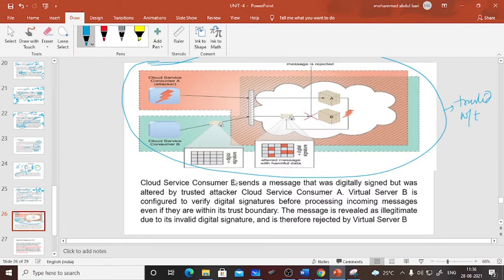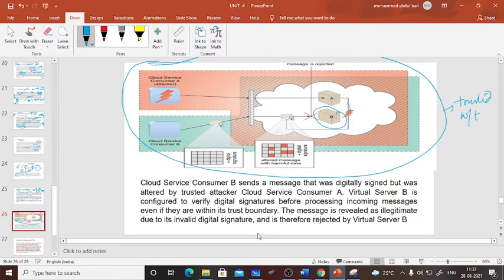Cloud consumer B sent a message with a digital signature but was alerted by the trusted attacker, cloud service consumer A. Virtual server B is configured to check the digital signature before processing an incoming message, even if they are within the trusted boundary.